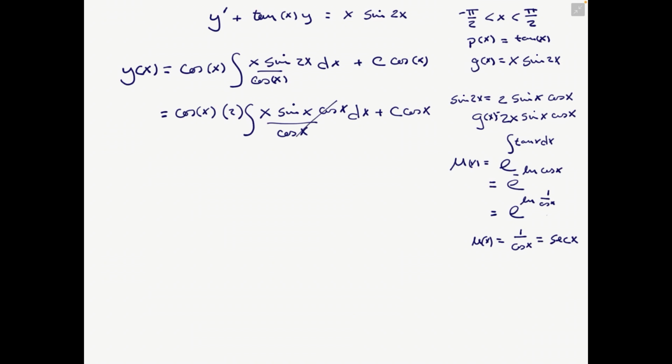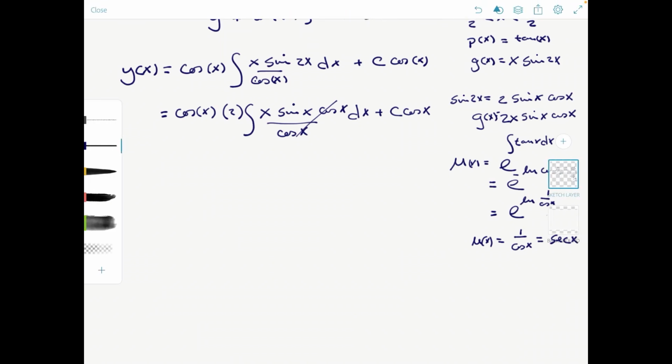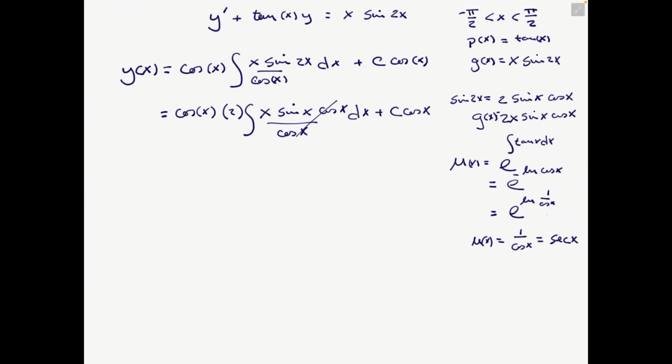Now these cancel, and we're back to x sine x. So we're back to the UV thing again. If we choose u equals x, du equals dx, and v equals cos x, dv equals minus sine x dx.